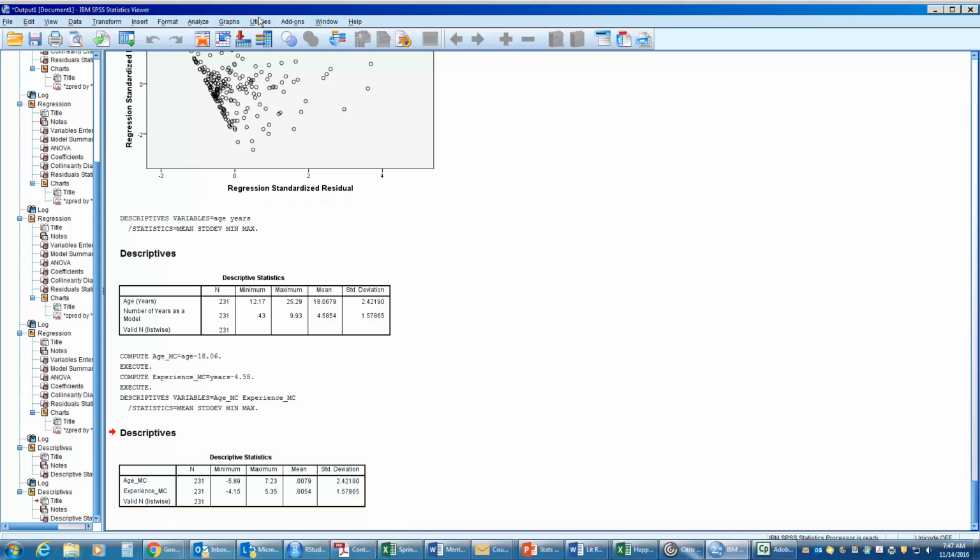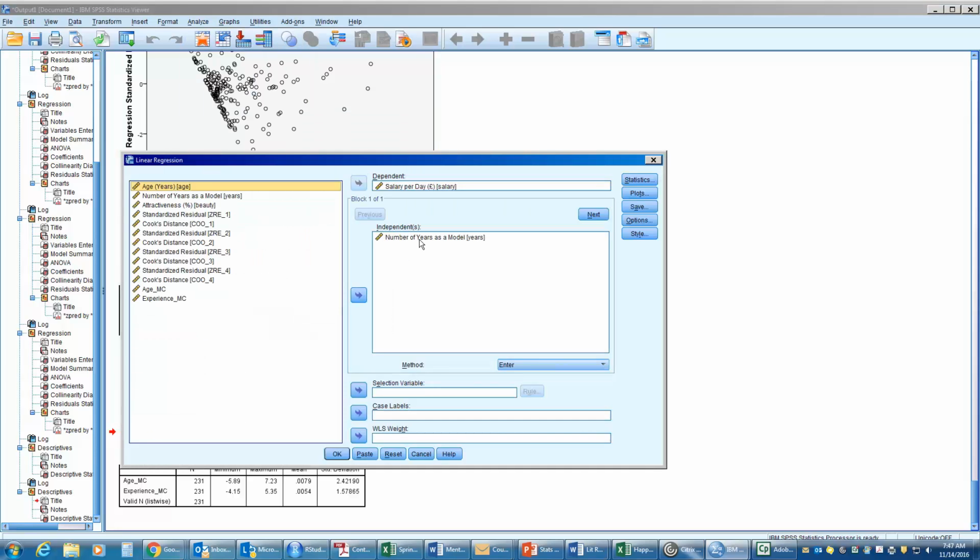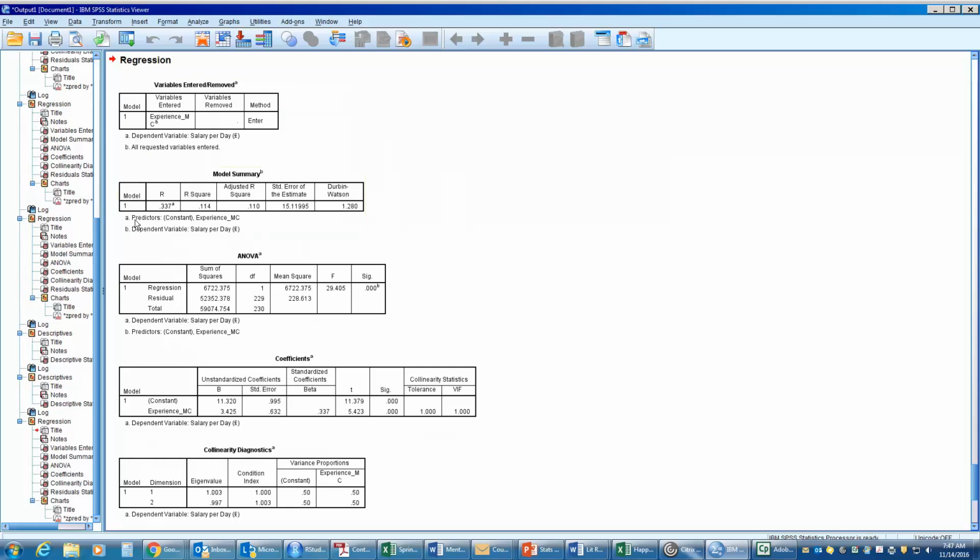If I were to run this regression model with the new mean centered experience or years as a supermodel, click on OK. I get the same model, same values for everything, but when I interpret my coefficients, if everything is 0, on average a supermodel will be making about $11.32 a day.